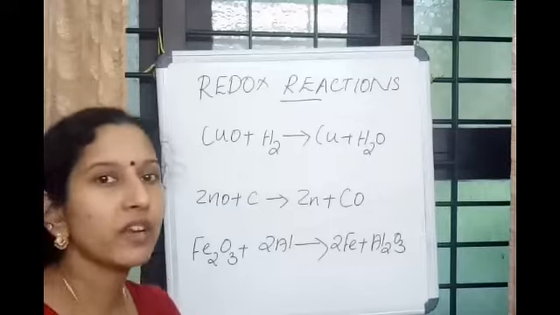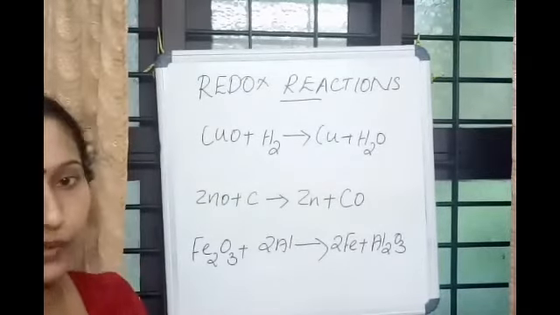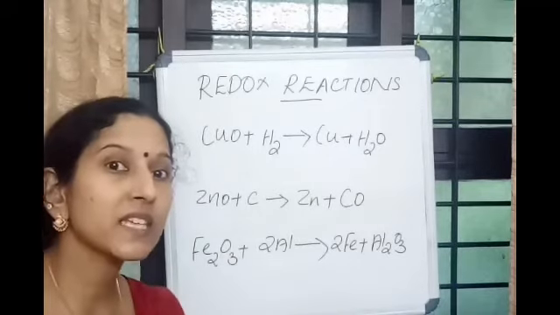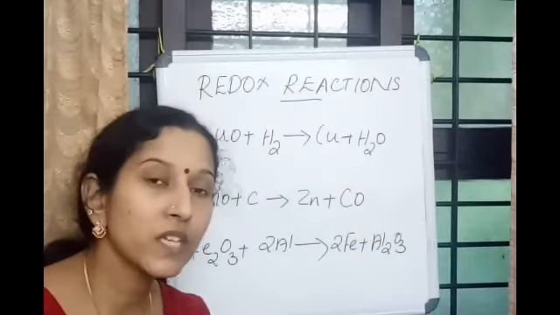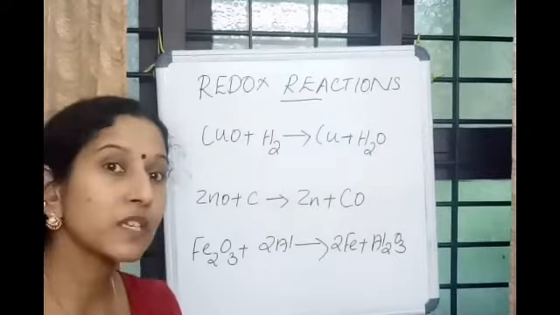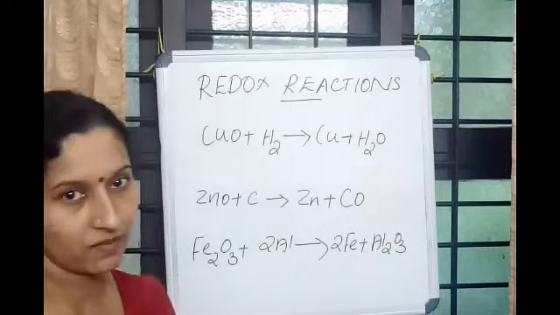Now we can find out the oxidizing agent and reducing agent from these equations. The oxidizing agent is the substance which gives oxygen and gains hydrogen, and the reducing agent is the substance which gains oxygen and gives hydrogen.